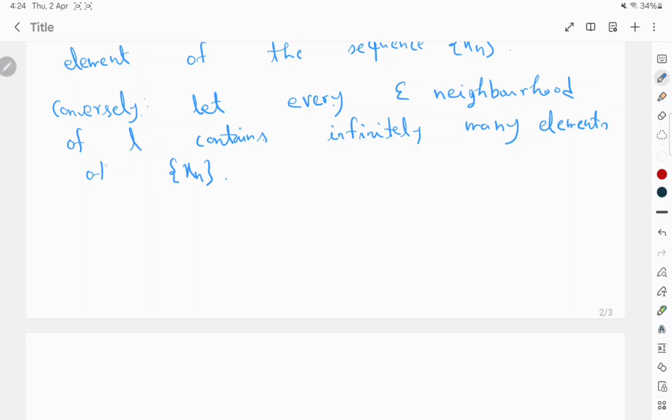Just consider epsilon equal to 1. So obviously L minus 1 is less than xn less than L plus 1 for infinitely many n.